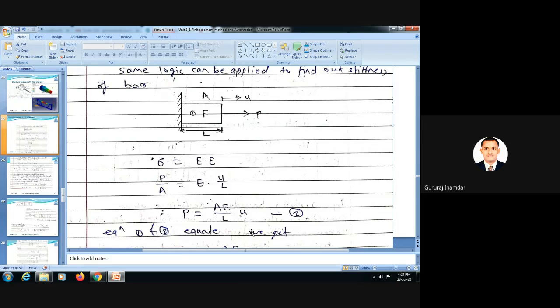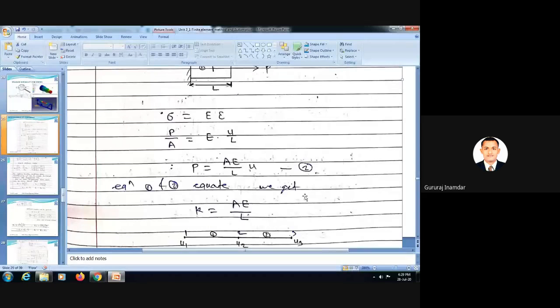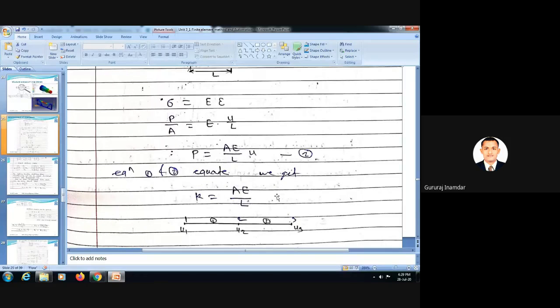Two equations we have got with the help of previous basic knowledge. This formula will be required. So by comparing equation 1 and 2, we get K is equal to AE by L: stiffness is equal to area into Young's modulus upon the length.